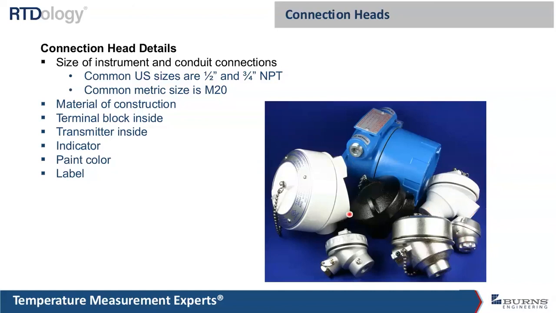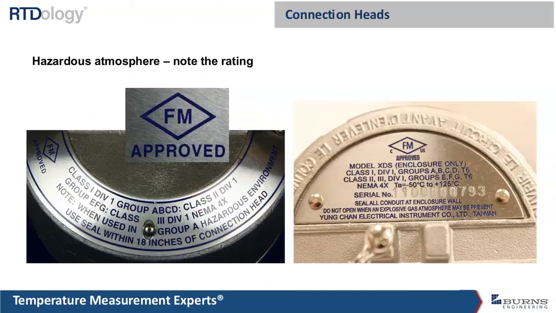So we would need to know what those characteristics are to be able to match up or to supply a replacement. And some are going to have hazardous atmosphere ratings on them. We have a couple examples here.